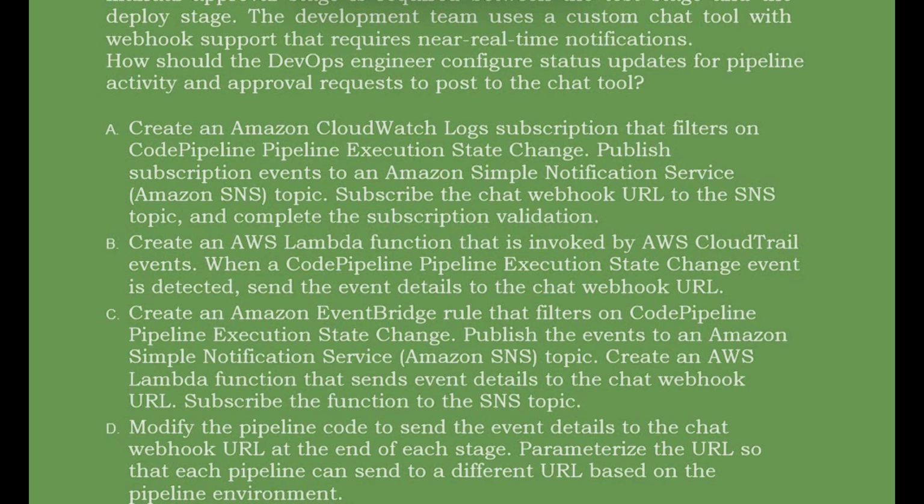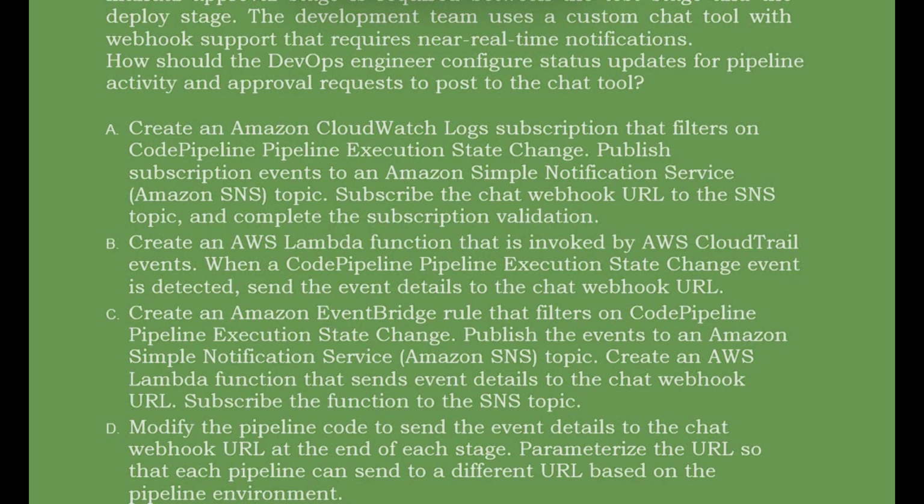Option C: create an Amazon EventBridge rule that filters on CodePipeline execution state change. Publish the events to an Amazon Simple Notification Service, Amazon SNS topic. Create an AWS Lambda function that sends event details to the chat webhook URL.